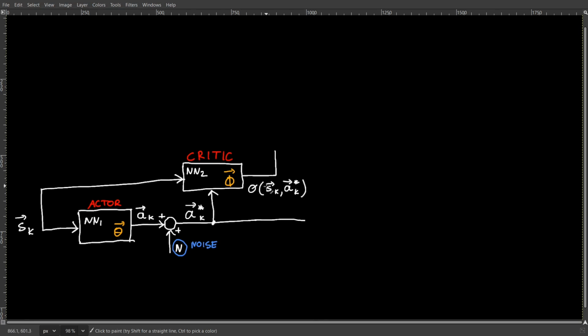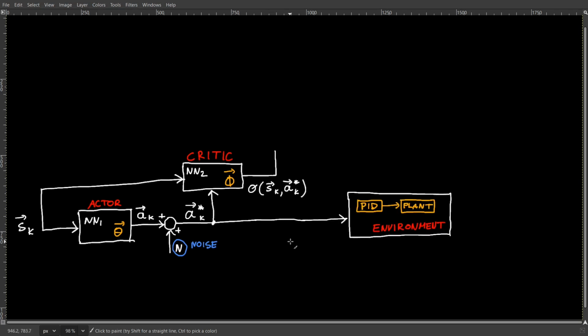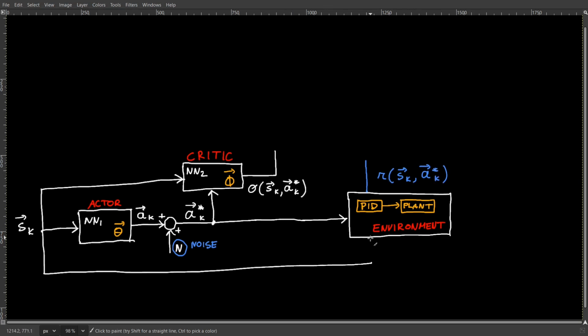This will then output the current Q value for this state action pair, where the action vector also includes the tiny noise that is added to it. That action enters the environment, followed by the environment giving you this immediate reward. And let me also complete the loop here. The environment also outputs the states or observations.